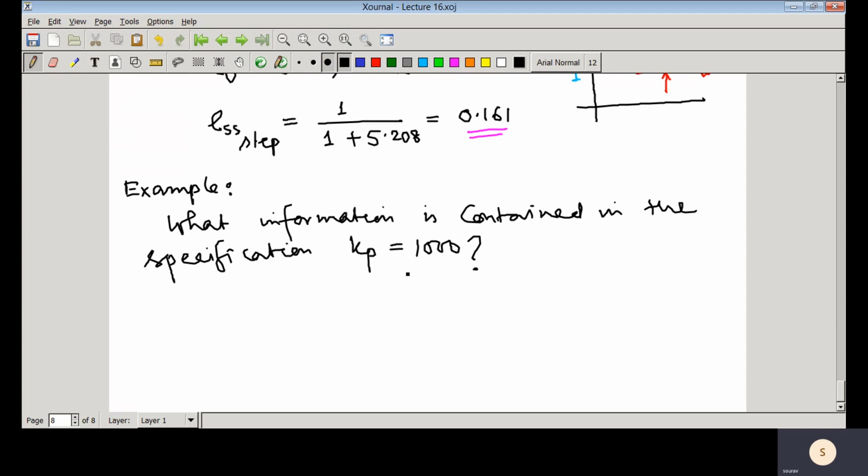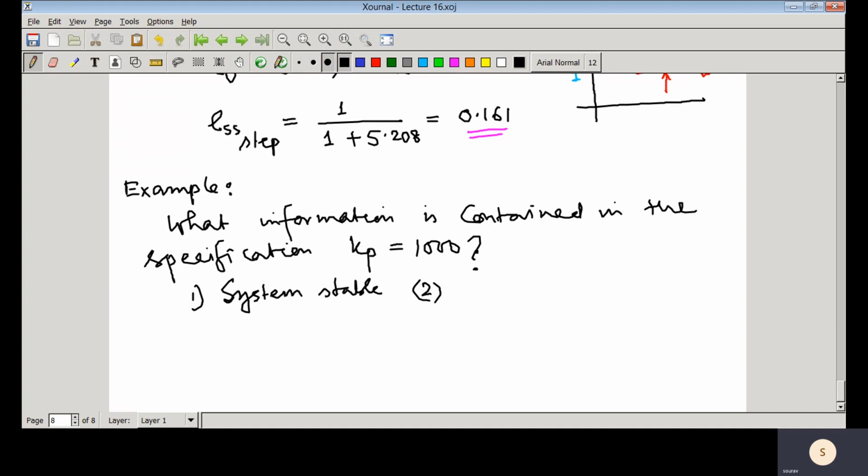What we have seen is that Kp is a position constant, and the position constant is associated with the step input. And of course, whenever we define those constants, we assume that the system is stable. So the first information that you would have is that the system is stable. Those constants are only valid for a stable system.